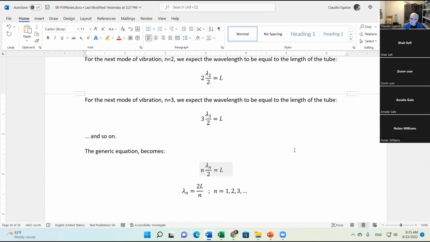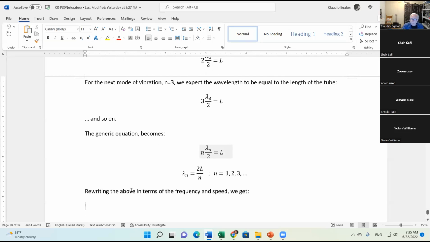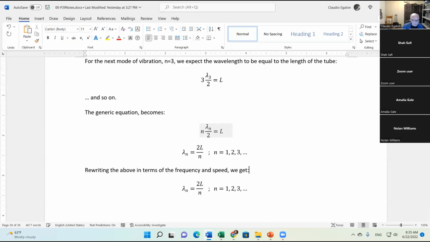And we can also write this equation in terms of the frequency. Remember, rewriting the above in terms of the frequency and speed, we get, recall that for the most generic equation for the velocity, lambda n times the frequency is equal to the speed of sound.